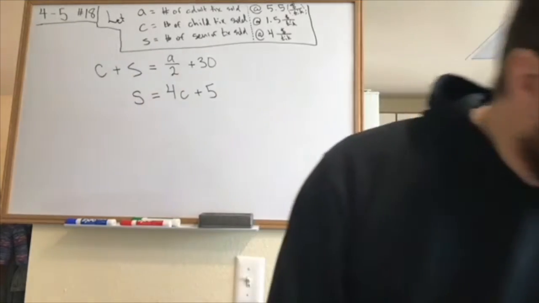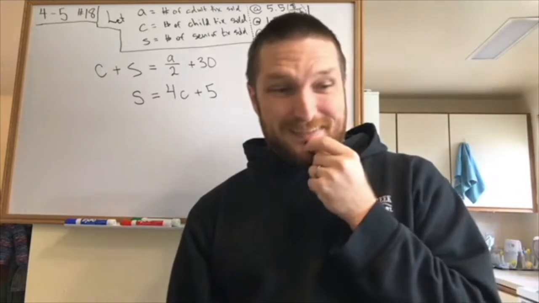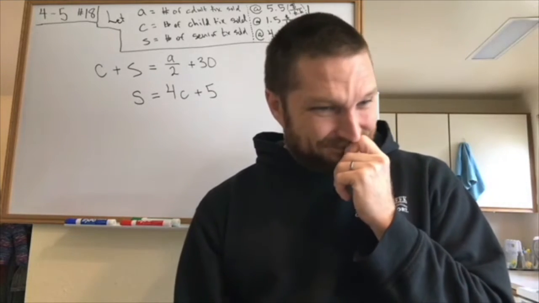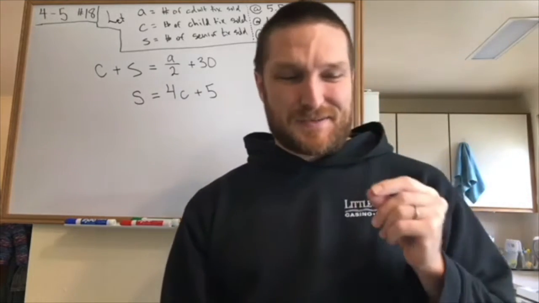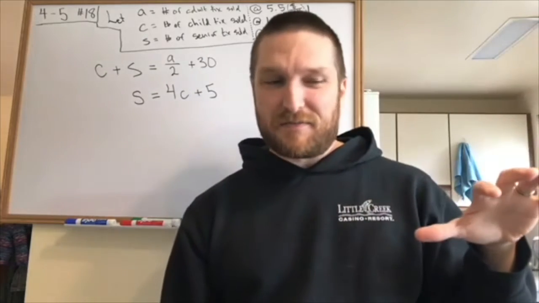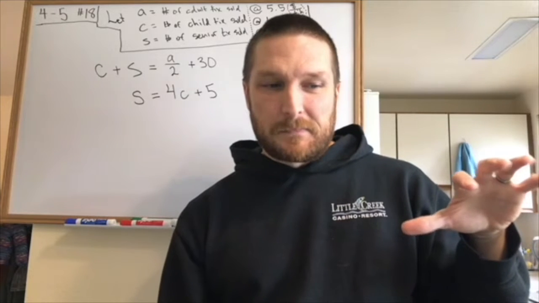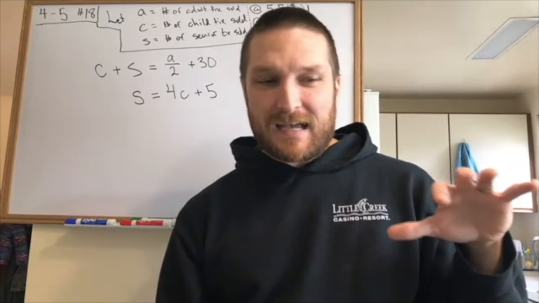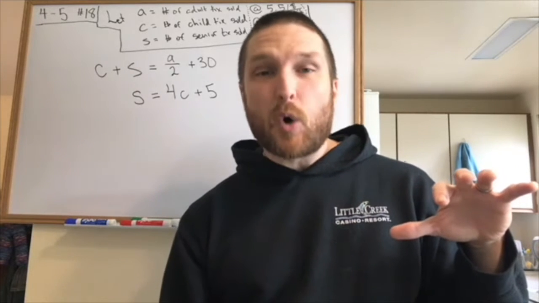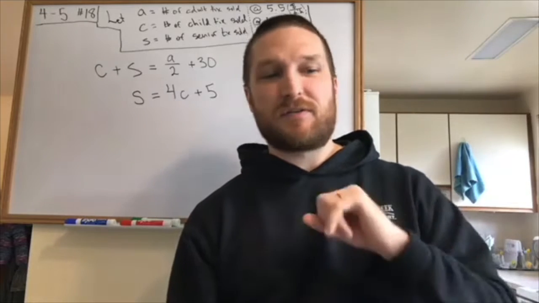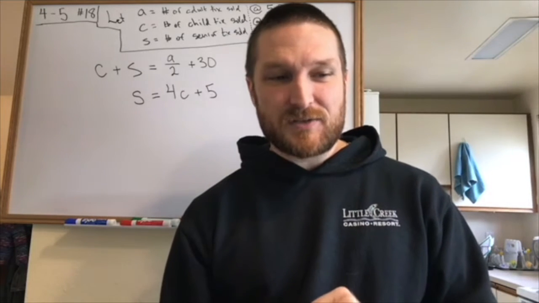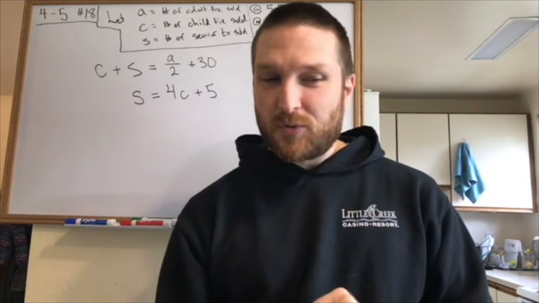So I'm going to keep reading because something like, let's say they gave you a whole bunch of information, like they might have said the total number of tickets sold was 502, in which case we'd have a choice of what we could do.